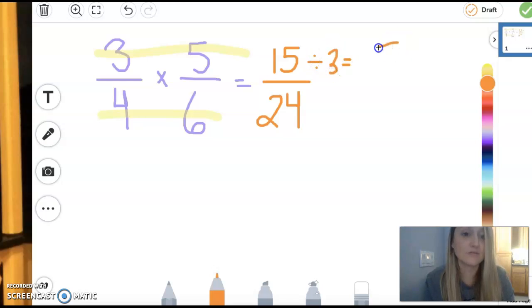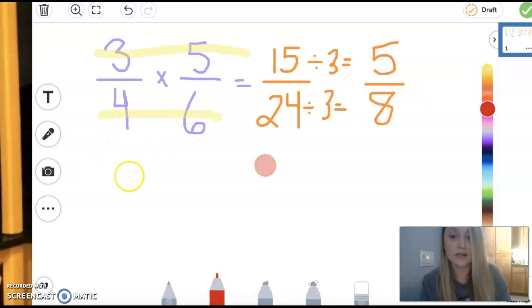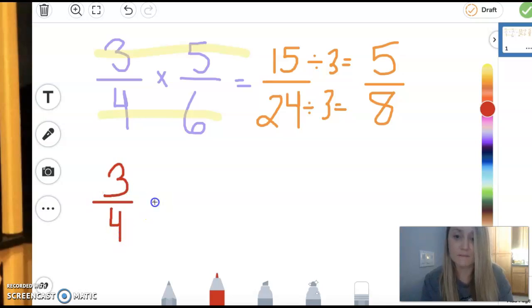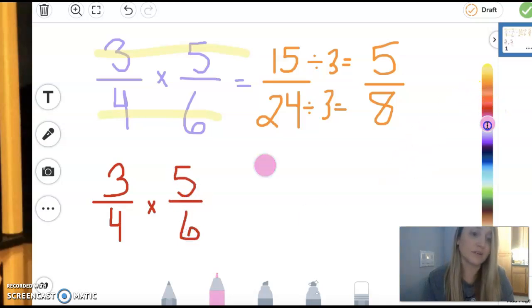So that is why I do that trick, because then you get to skip this step. You don't have to worry about whether they have something in common. Okay, so you can do it that way, but I'm more of a fan of this way because then you reduce it up front and you're working with smaller numbers.